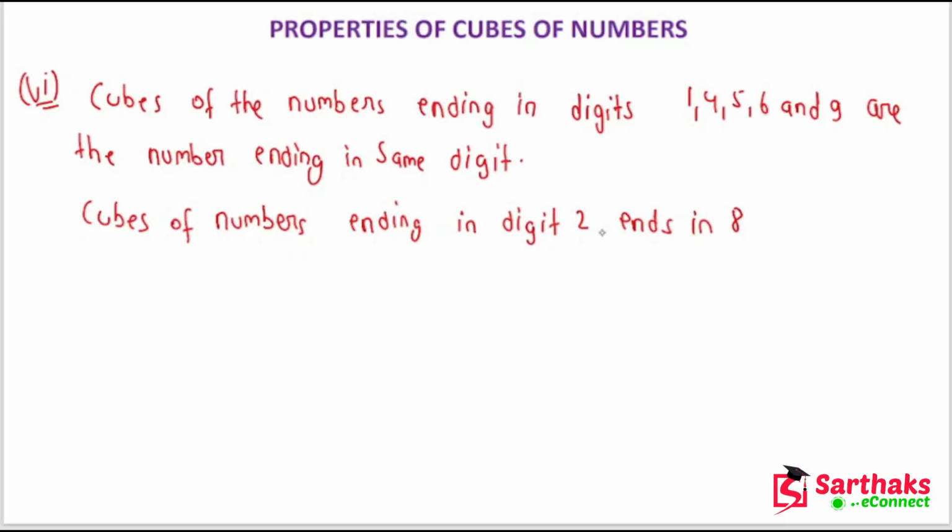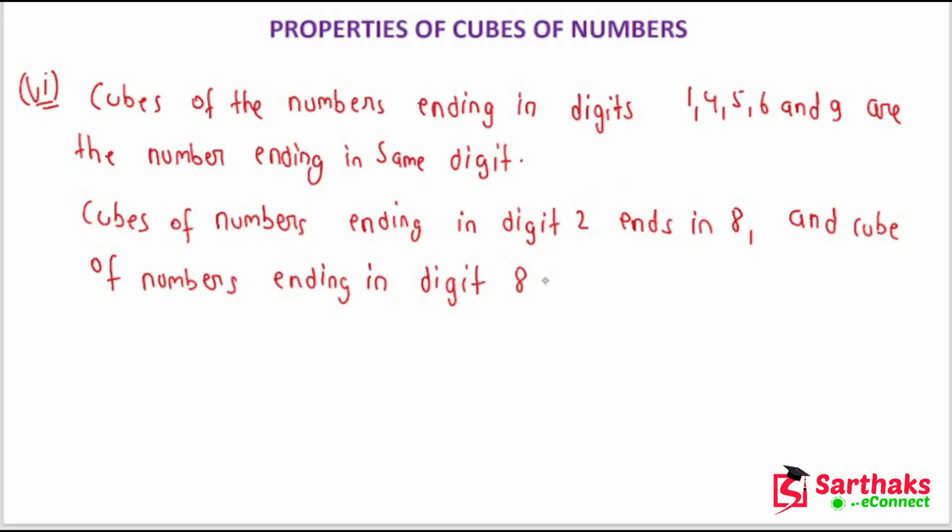So anything ending at 2, if you do the cube of it, you will always get a number which ends at 8. And cubes of numbers ending in digit 8 end in 2, right?